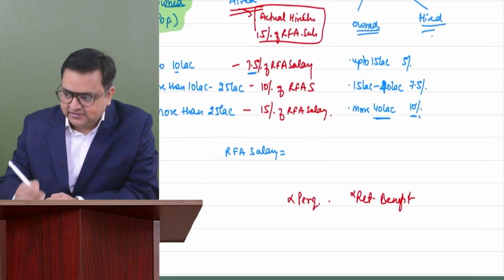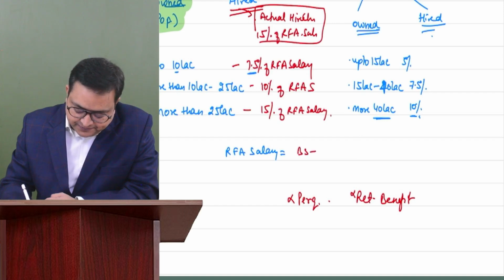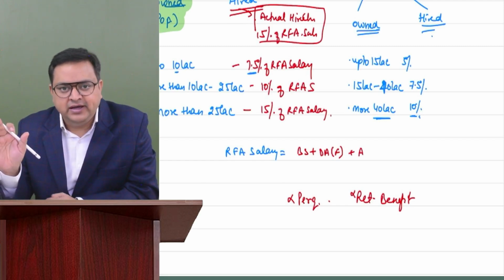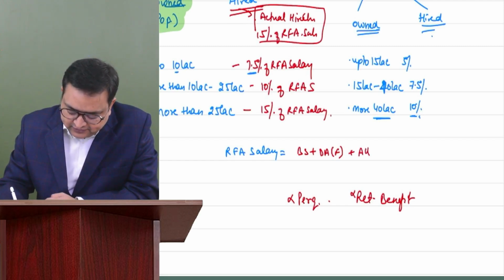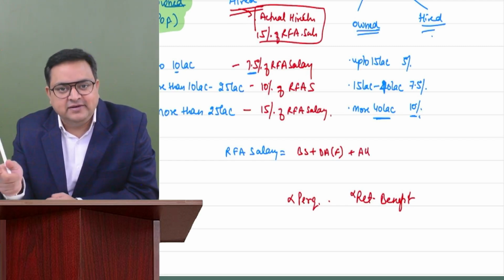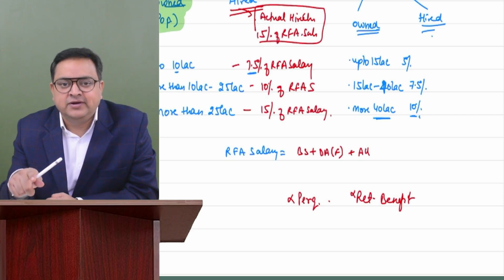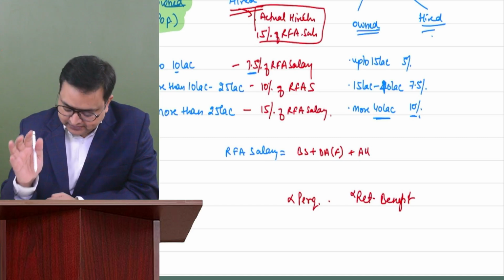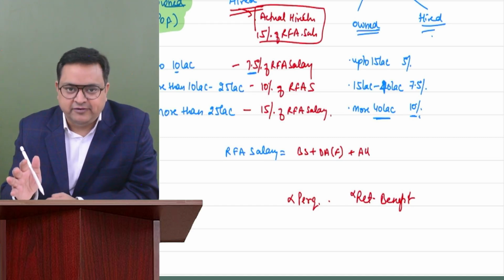RFA salary means basic salary, DA if it forms part of retirement benefits, plus all taxable allowances. It includes only the taxable portion of allowances. See, if any allowance is exempt, then please don't make it part of your RFA salary. Only the taxable portion of the allowances has to be made part of this RFA salary.